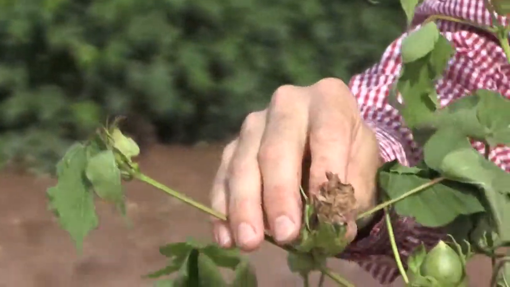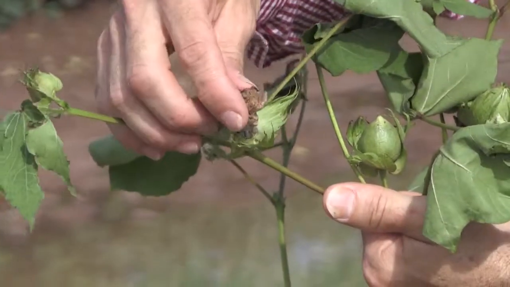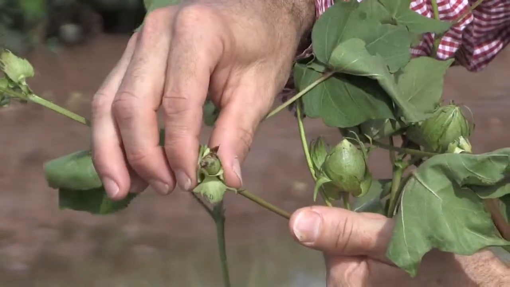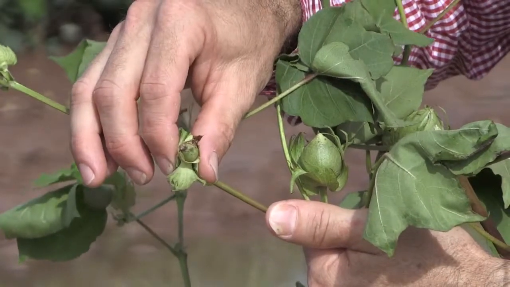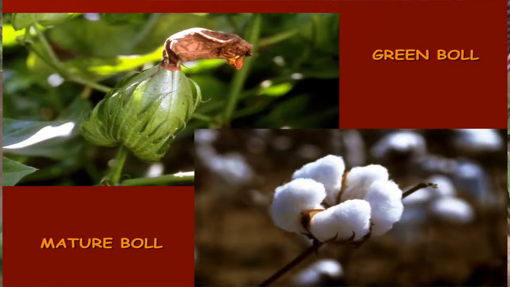Here's a recent flower. The petals have dried down. The petals have actually stuck to the boll itself. They're the beginnings of a young cotton boll. And again, it'll be about 55 days before that boll actually opens up and the length is fully developed and it's ready to harvest.